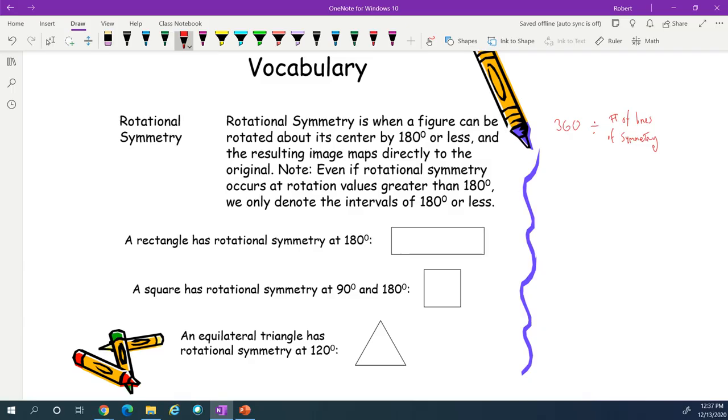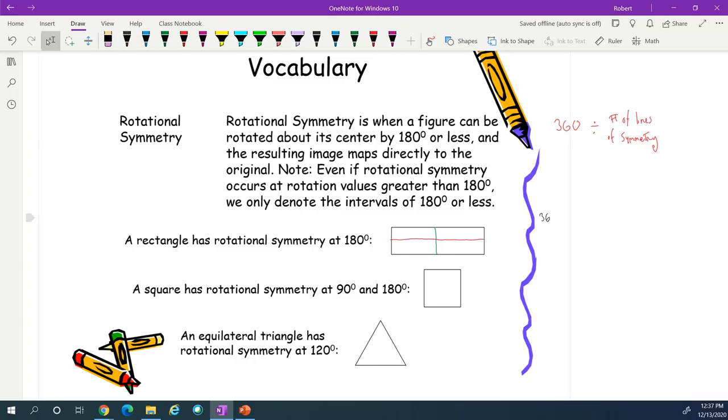So let's look at an example here. The rectangle, the answer is 180 degrees. Well, how many lines of symmetry does it have? We have one line of symmetry, and we have two lines of symmetry.